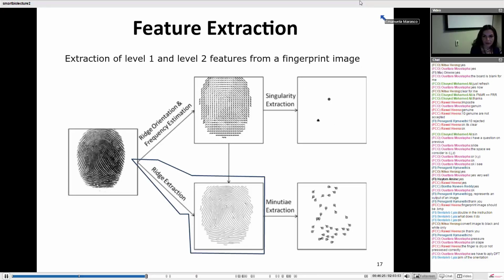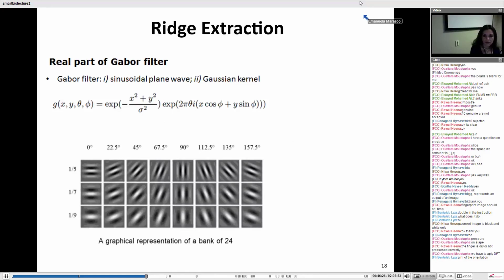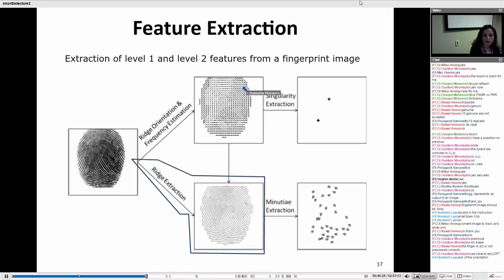Yes, we start from the orientation. So the singularity points, as we said yesterday, I think I have a recall slide here. They can be delta, loop, so those areas where the orientation changes abruptly.